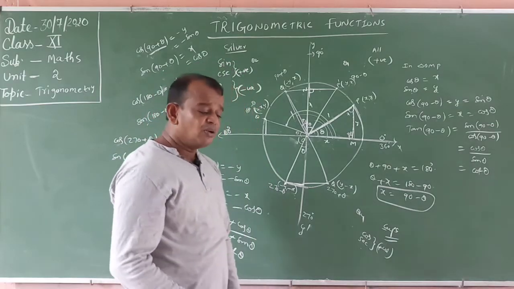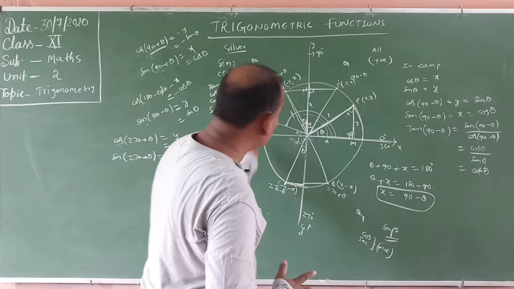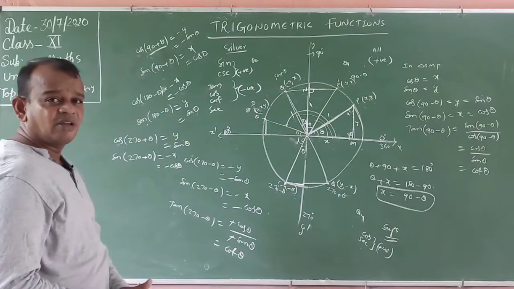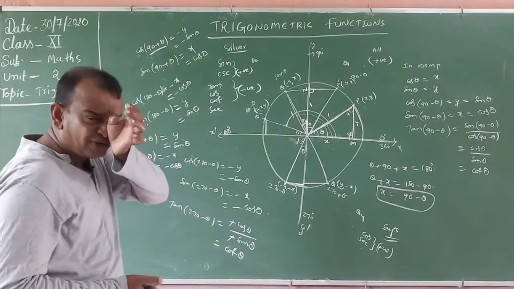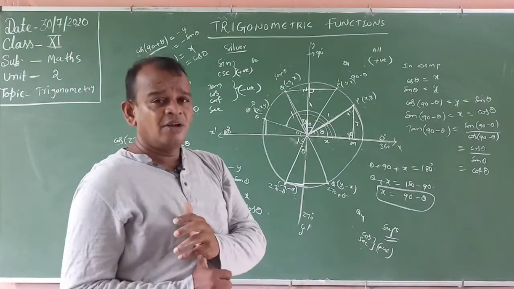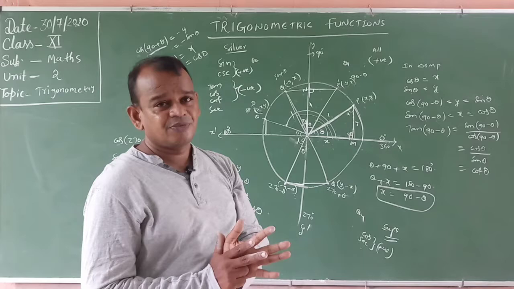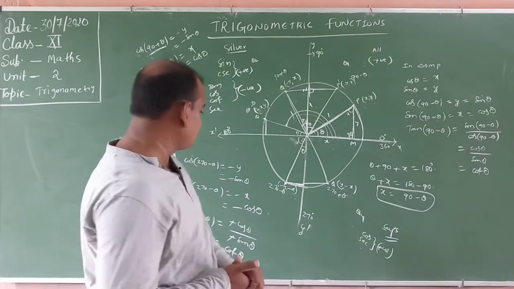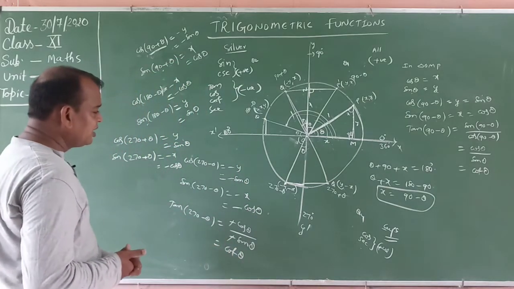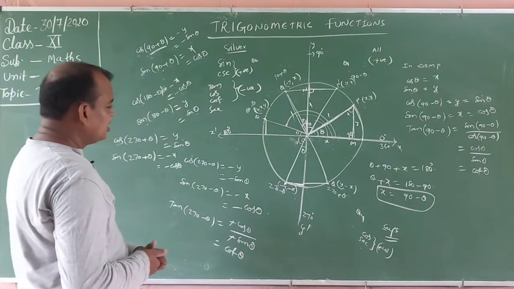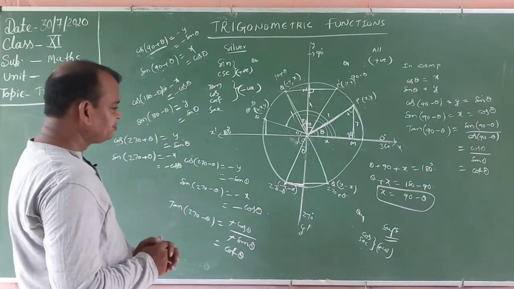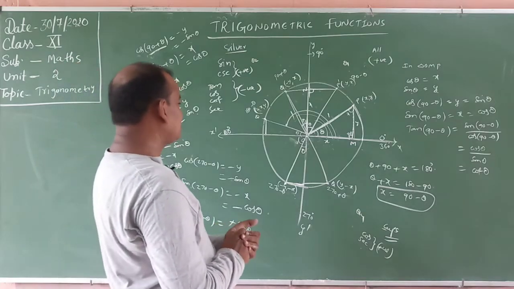You remember how to do this. Some students feel it is difficult, no problem. What you should remember is which angle lies in which quadrant. 270 minus theta, 180 plus theta, 270 minus theta, 180 minus theta, next 180 plus theta, 270 plus theta, 360 minus theta.